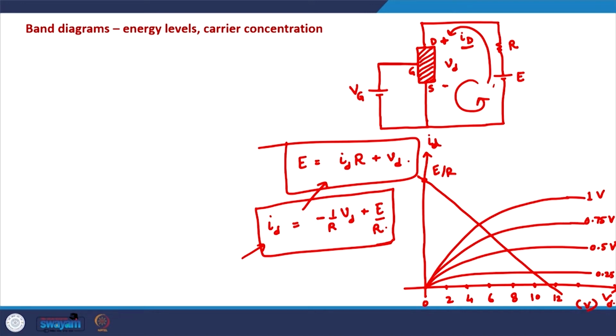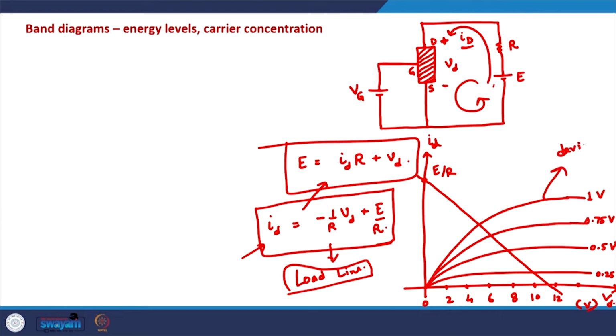Now as you can see, the ID and VD values in this circuit will be those values where this KVL line, also known as the load line of the circuit, intersects with the device characteristics.